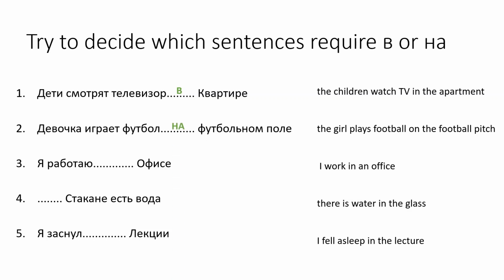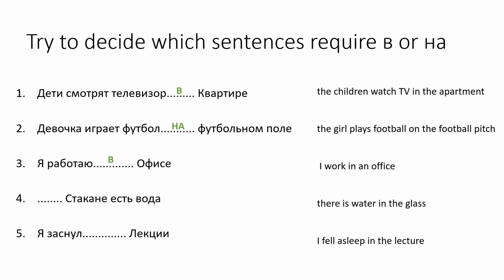Девочка играет футбол на футбольном поле. Well done if you got that right. Third sentence, я работаю. Because office is an enclosed space, it just takes the regular v. Я работаю в офисе. And here, because it's a vowel, v is pronounced v.